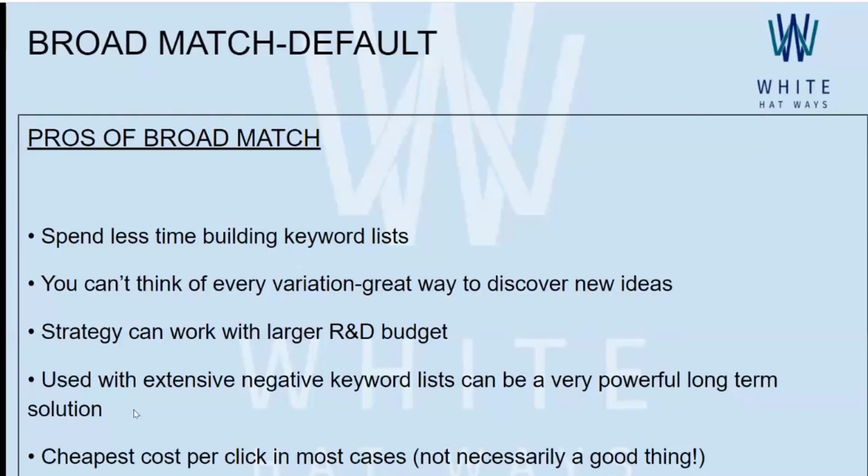The last point it says is cheapest cost per click in most cases. So when you use broad match types, the clicks are relatively cheap. They are relatively cheaper than the various other match types. But even if they are cheaper, that is not necessarily a good thing.